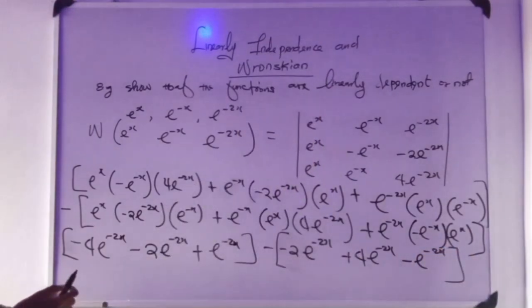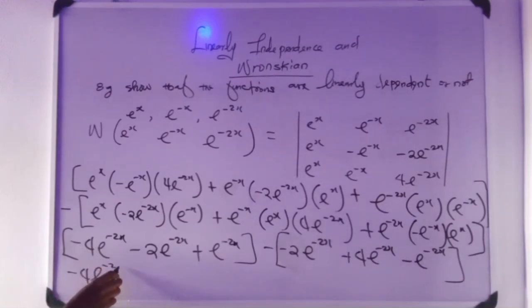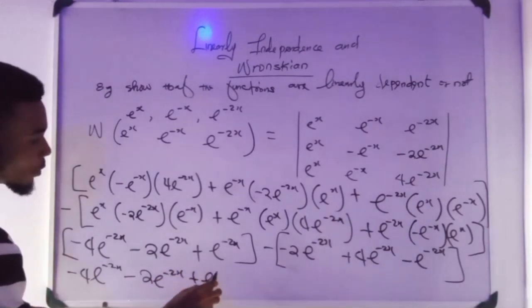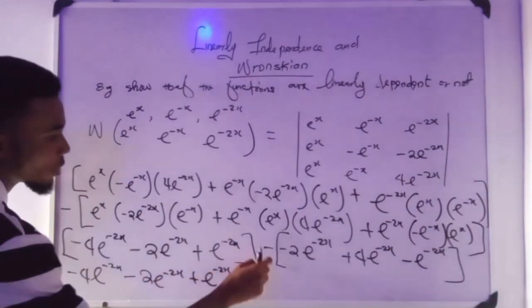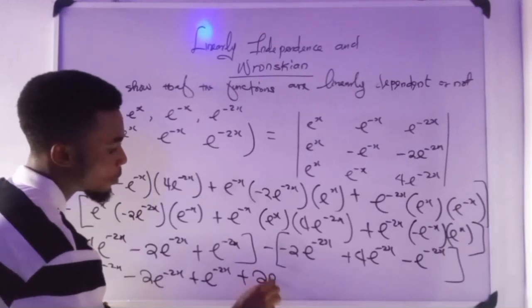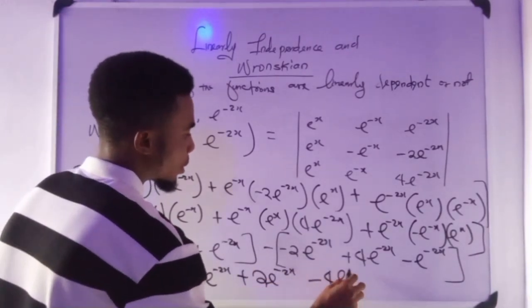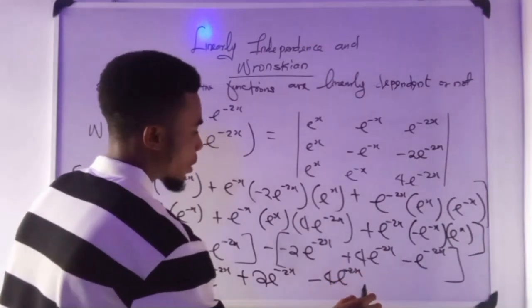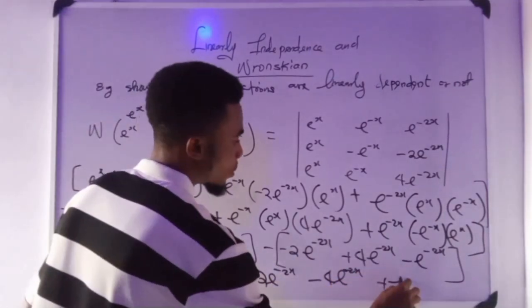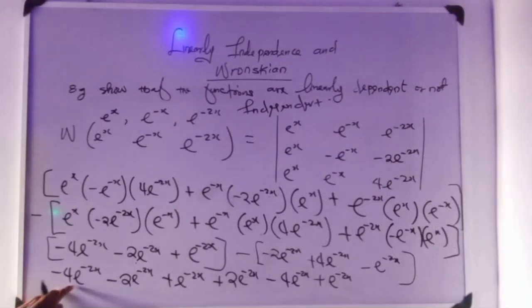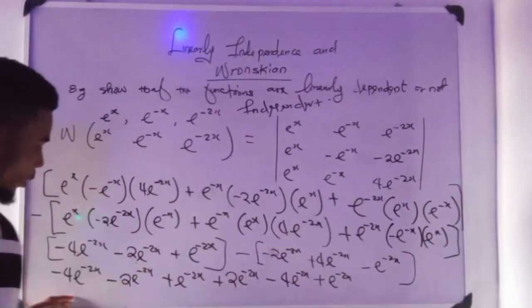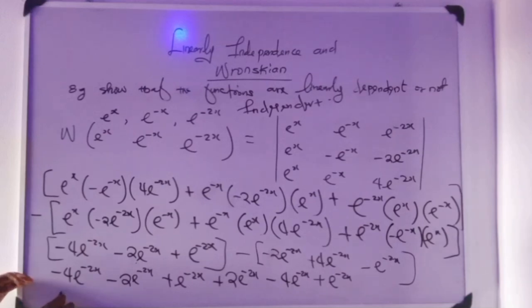You can see that this looks like minus 4 exponential of minus 2x, minus 2 exponential of minus 2x, plus exponential of minus 2x, minus minus is plus 2 exponential of minus 2x, minus 4 exponential of minus 2x, and a plus because of this, exponential of minus 2x. Moving on, we have minus 4 exponential of minus 2x and minus 4 exponential of minus 2x, which gives us minus 8 exponential of minus 2x.